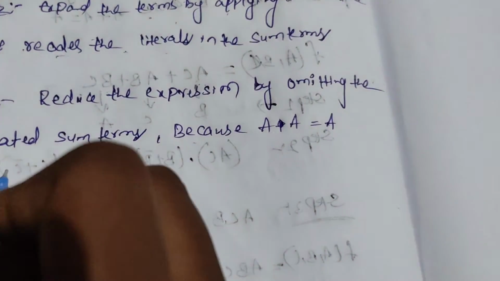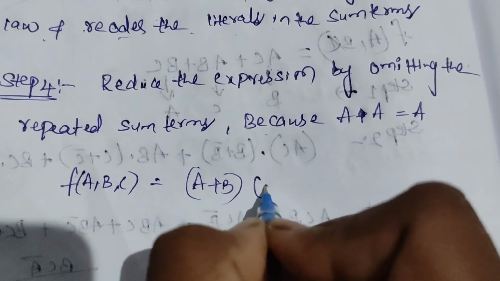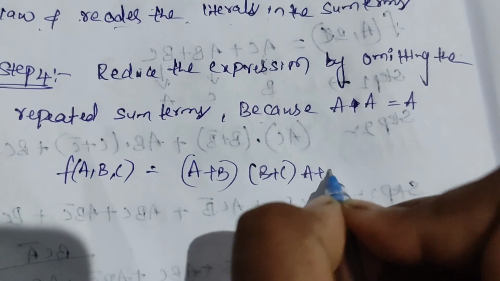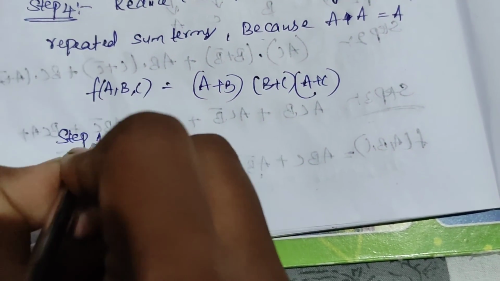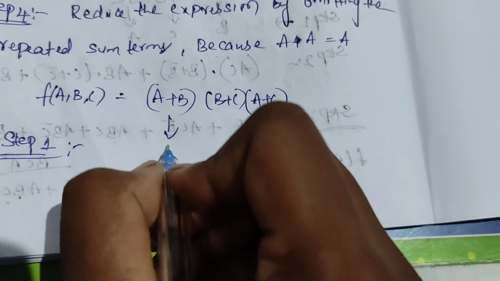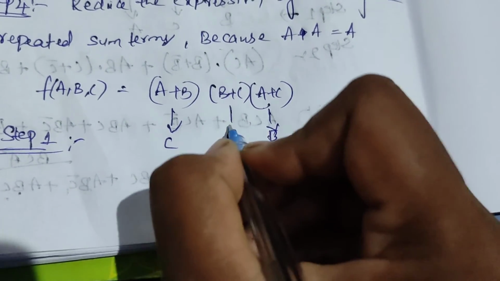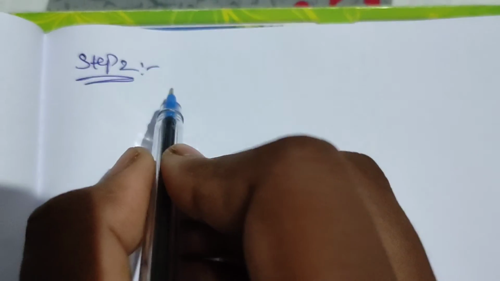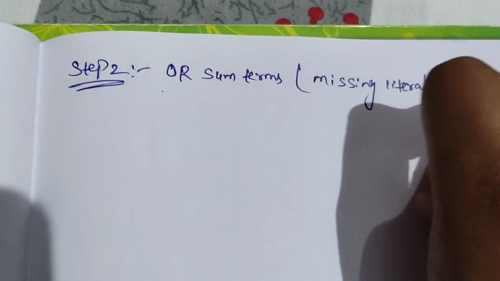F of ABC is equal to A plus B into B plus C into A plus C. In step 1, we need to find the missing term. So here in this C is missing, in this A is missing, in this B is missing. In step 2, after finding the missing literals, we need to OR the sum terms with missing literals multiplied with its complement.